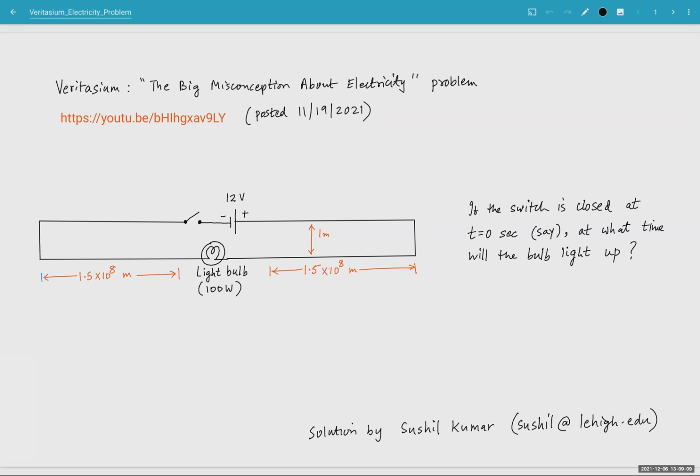So in that sense, what I believe is this circuit is not necessarily the best way to showcase that example. And I hope this will become clear as we go ahead.